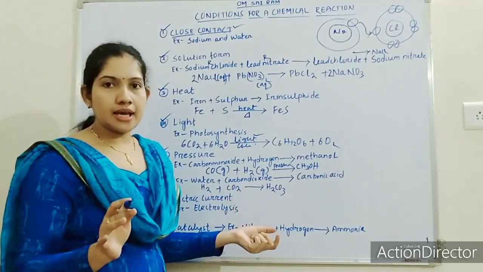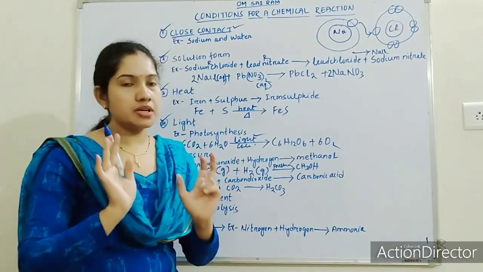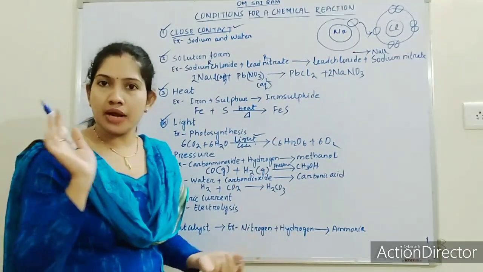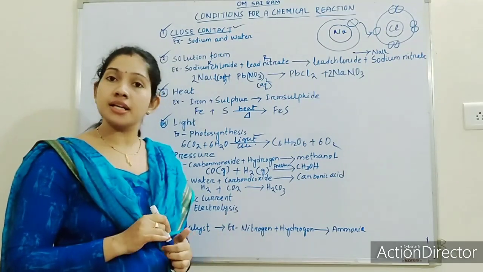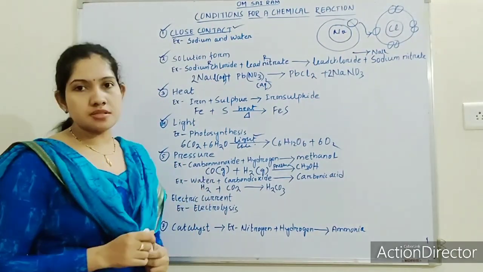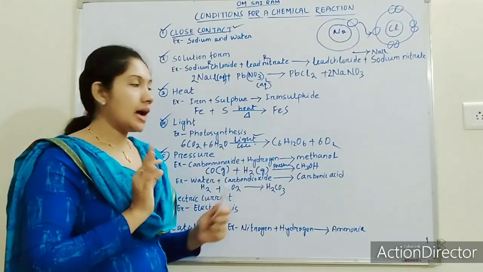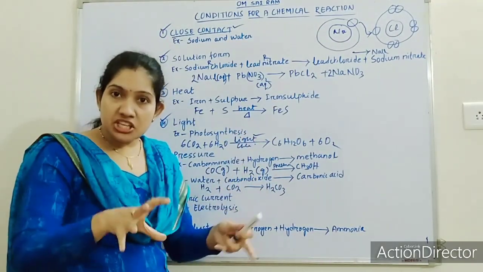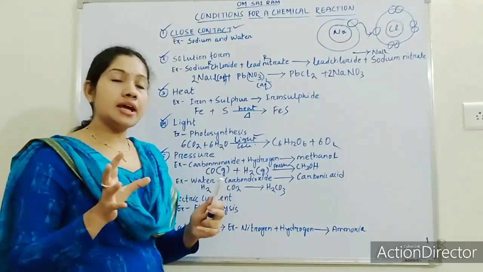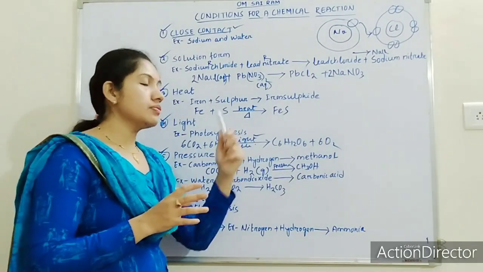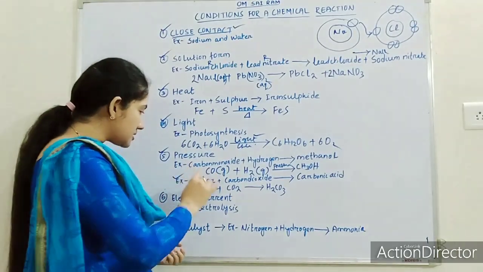Do not waste the time by discussing the balancing and all. Later on in the next topic we will discuss how to balance the equation, how to write the equation. Just now, as I am giving the example, I am discussing one by one the word and chemical equation. So here two equations I have discussed. Carbon monoxide will react with hydrogen in high pressure and it will form methanol. Water, when it reacts with carbon dioxide, will form carbonic acid. And can you tell me where this example is applicable?